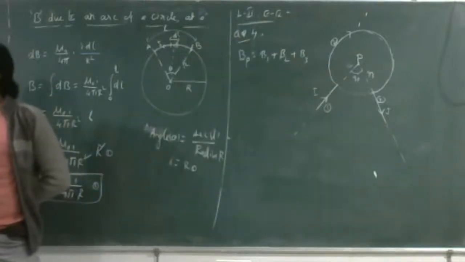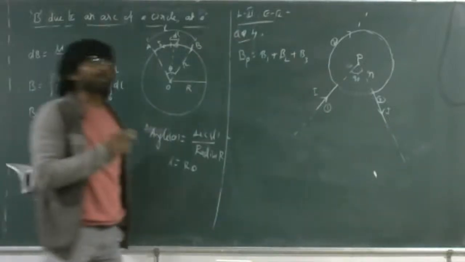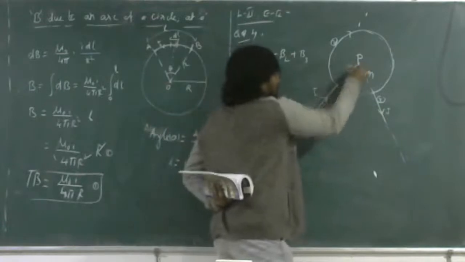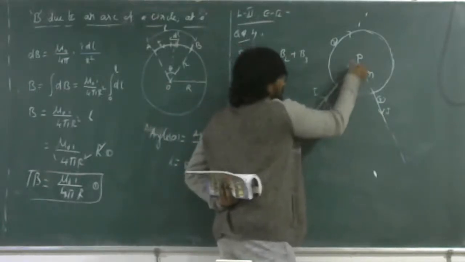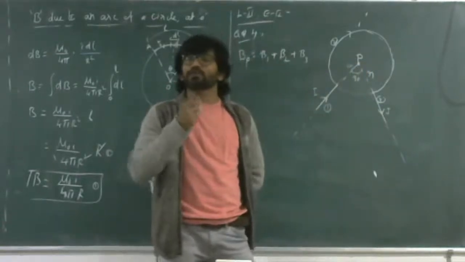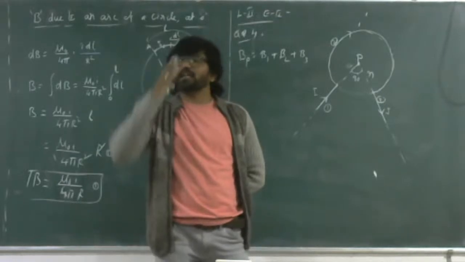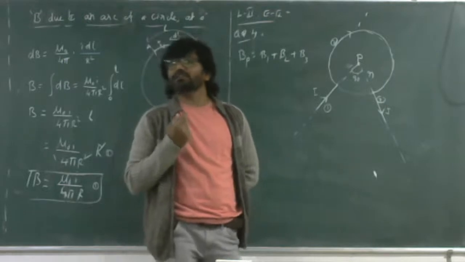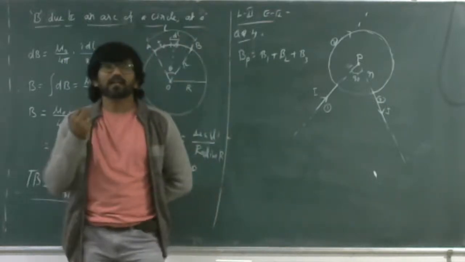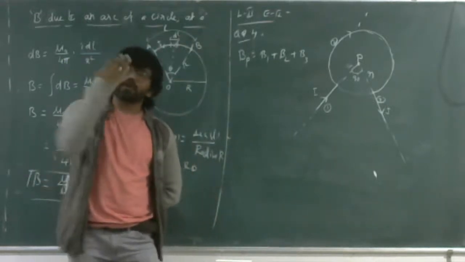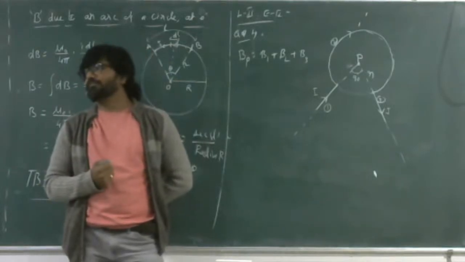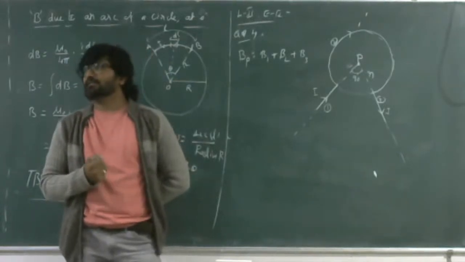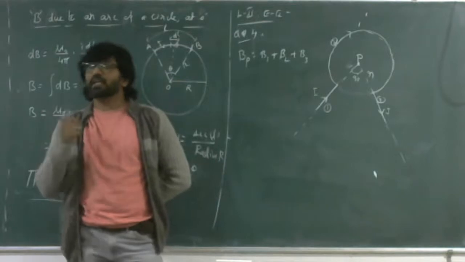If you observe carefully, the point P is lying on the axis of the first conductor. So what is the magnetic field due to a straight current carrying conductor at any point on the axis? Zero, why?